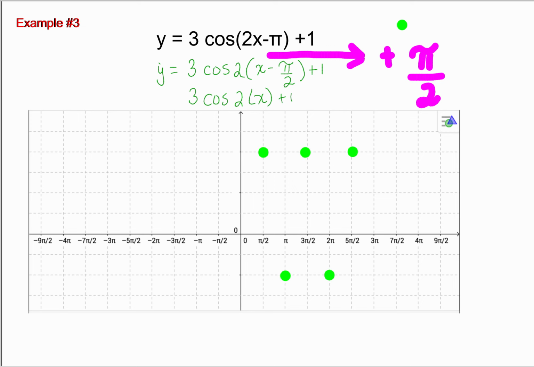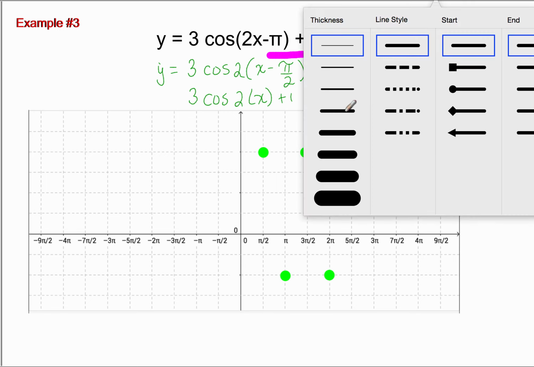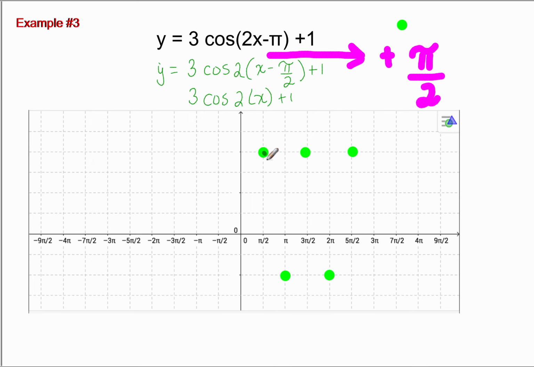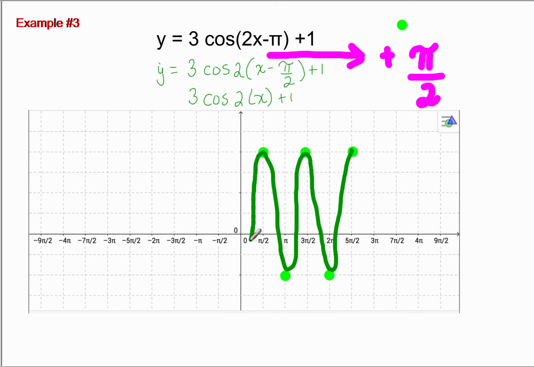So now let's join them together. And that's what a phase shift would look like. Now I could also look here and say, all right, I can make this come down to here, and it looks like it would go right about there.